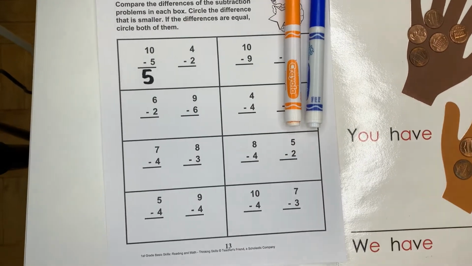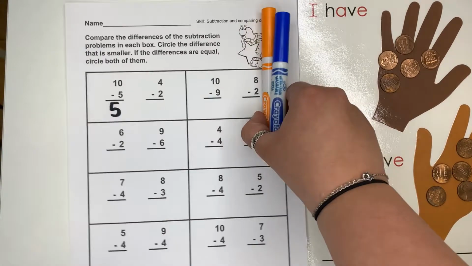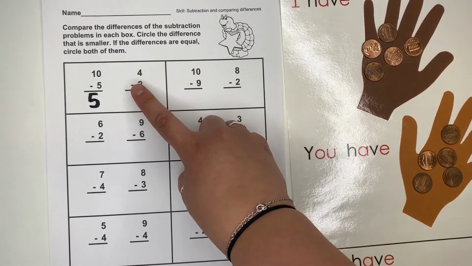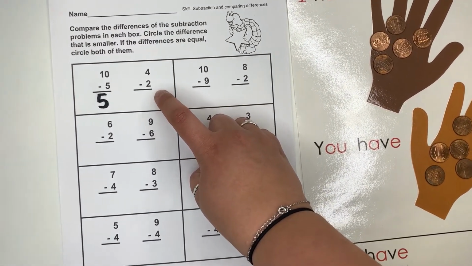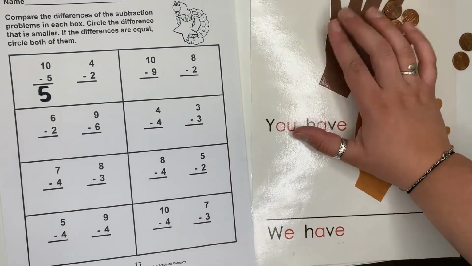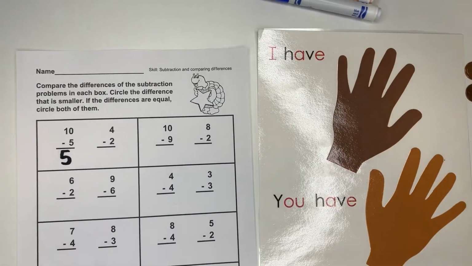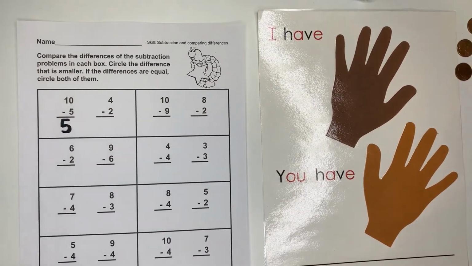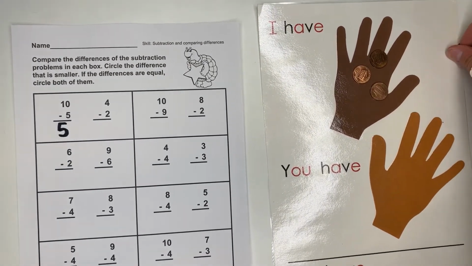Okay. Now we need to do the next one before we can circle with our blue and orange. So our next one says 4 minus 2 equals. So clearing off my board. I have 4 pennies. 1, 2, 3, 4.